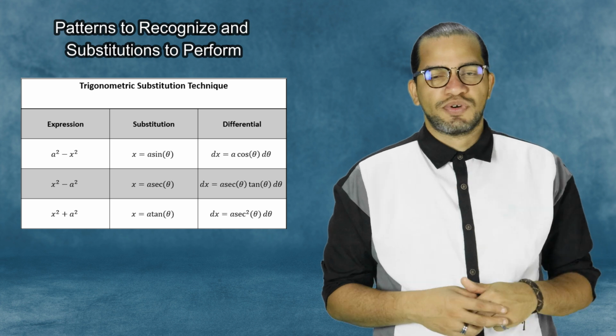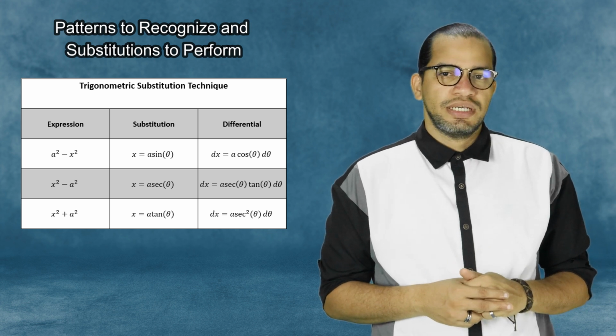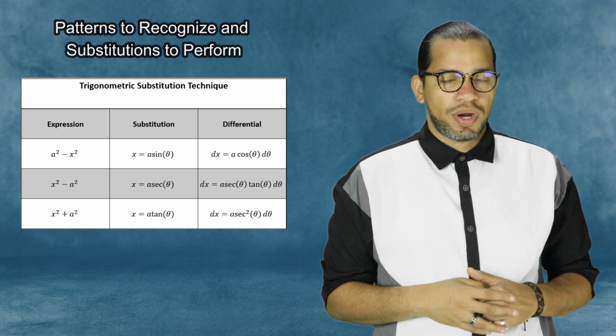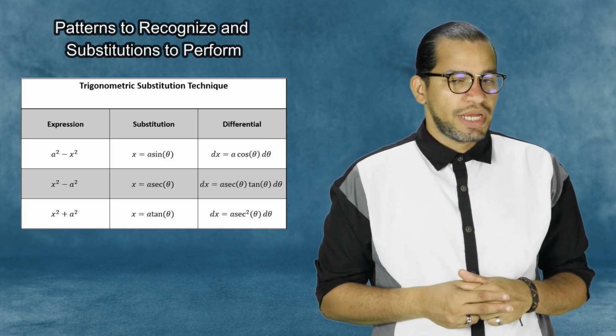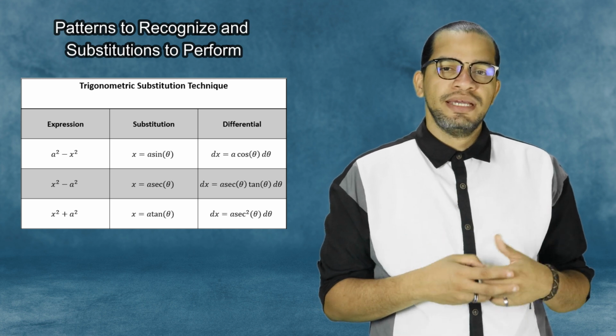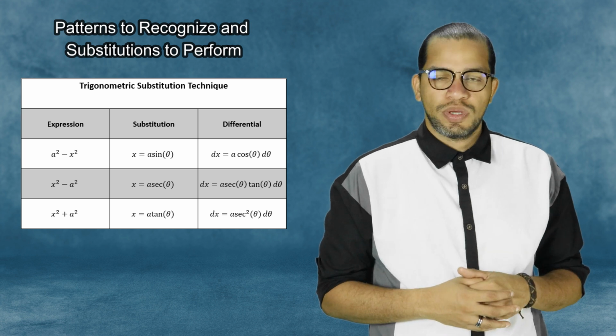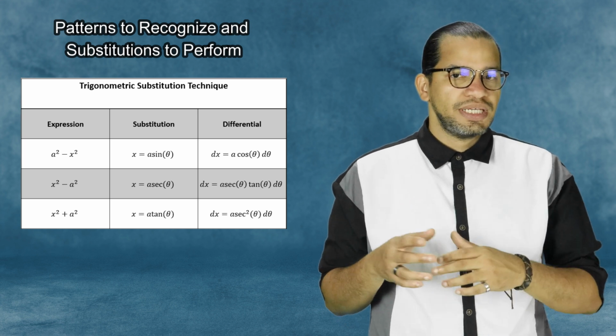Finally, our third expression that we have to recognize is given by x squared plus a squared. If we do the substitution x equal a times tangent of theta, then dx will be a times secant square of theta d theta.